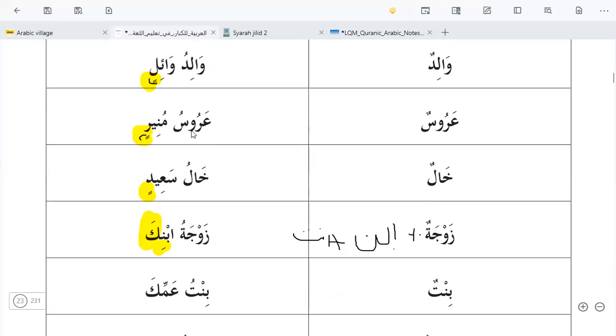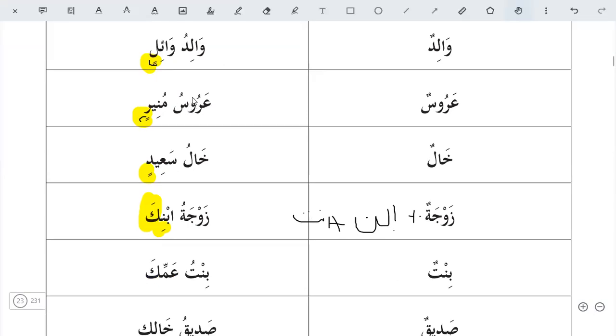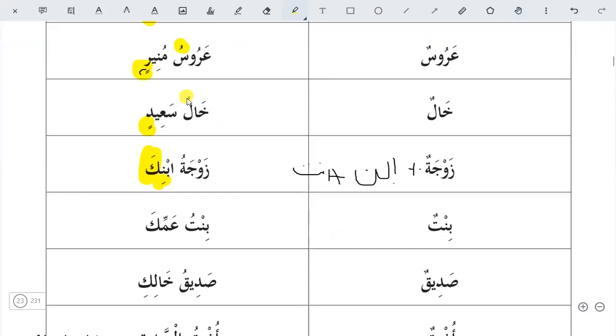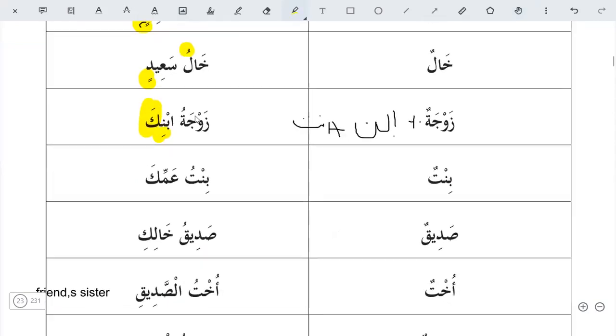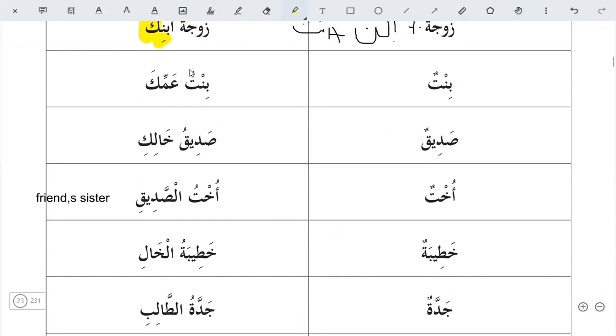Arusu Munirin, bride of Munir. Arusu is mudaf here, and mudaf is taking single dhamma. Khalu Saidin, uncle of Said. Zawjatubnuki, wife of your son. Bintu Ammiki, a daughter of your uncle.